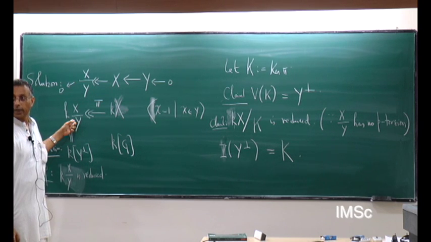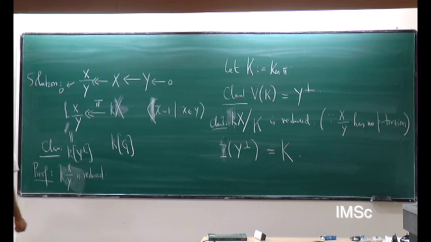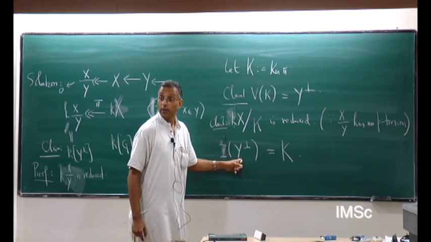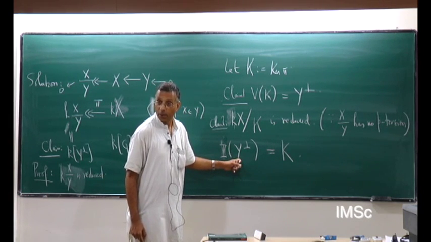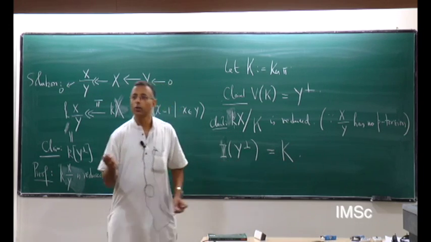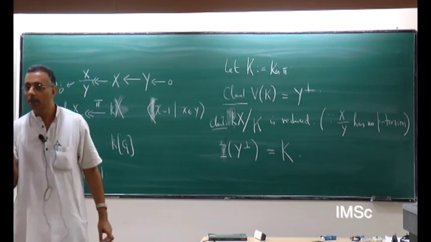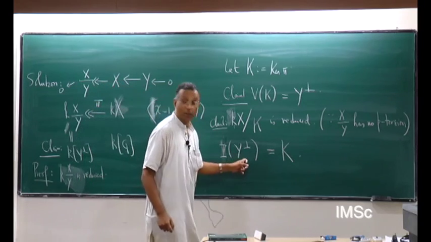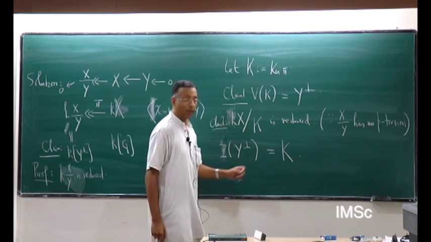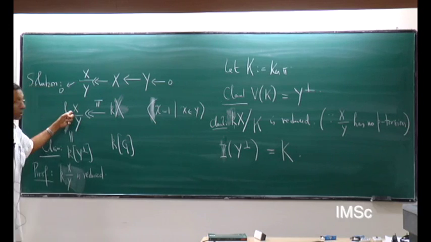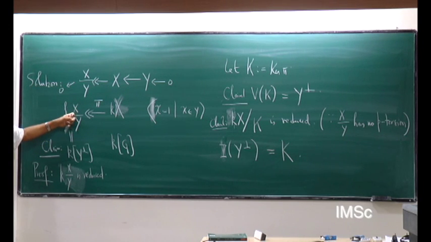That's what it means: chi belongs to y perp perp means chi minus 1 belongs to I of y perp. But such a thing is not possible because an element of x cannot be 1 unless it belongs to y.